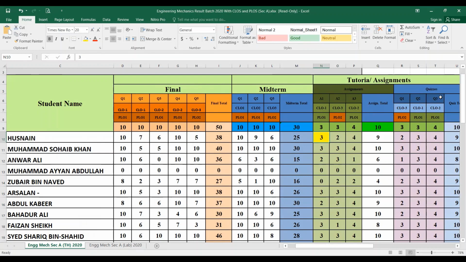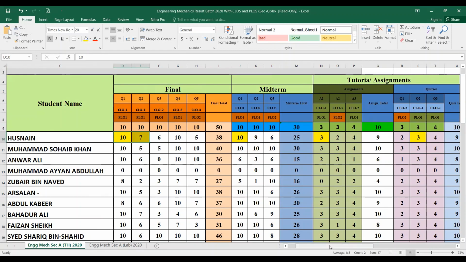And he or she did not attempt, for example, quiz number 2, and it also belongs to CLO1. He did not attempt question number 1 in the midterm, and it again is mapped with CLO1. And he did not attempt question number 1 and 2 in the exam.